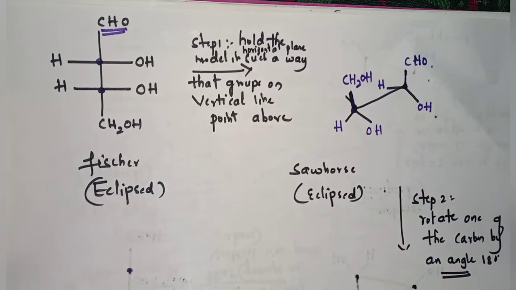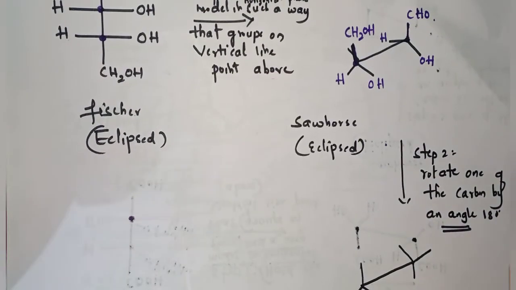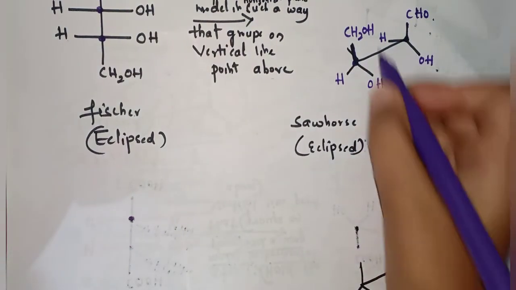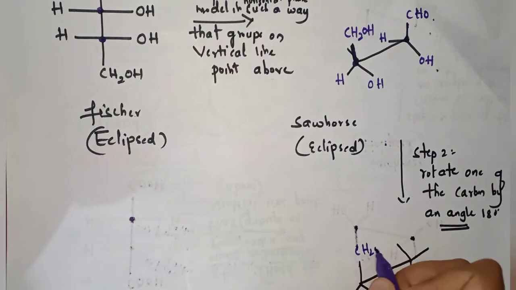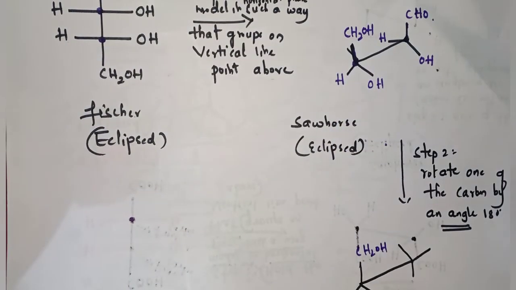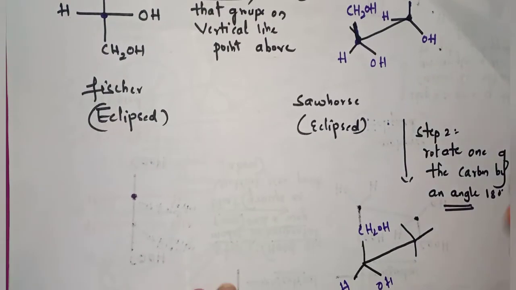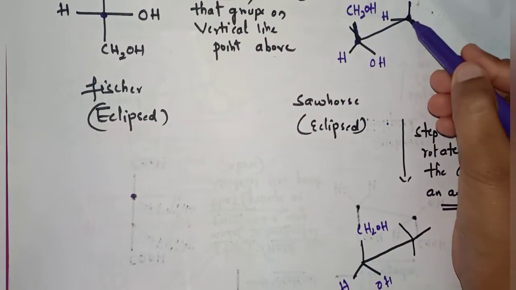Now coming to step 2, we have to rotate one of the carbons by an angle of 180 degrees. So let's rotate this rear carbon only. So let's write this CH2OH here, this H, this OH. Nothing is changed here, but we have to rotate this carbon.